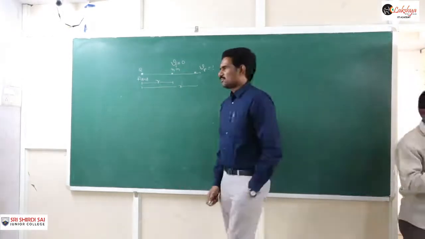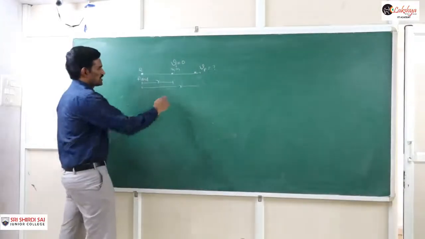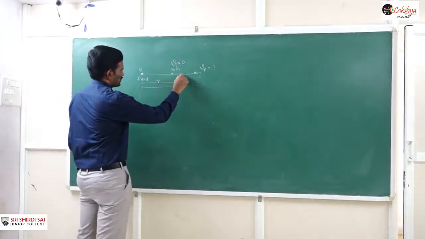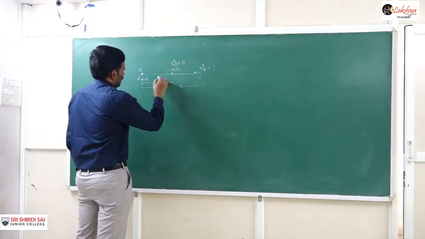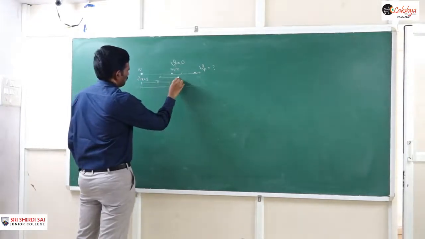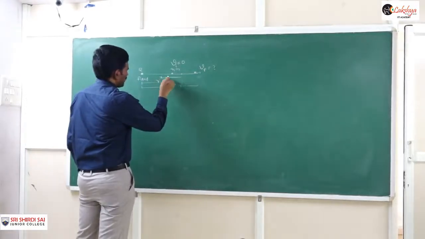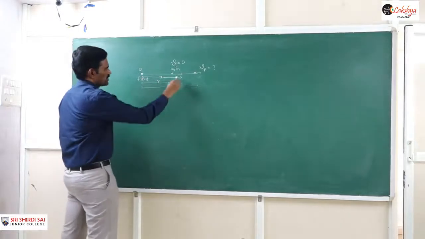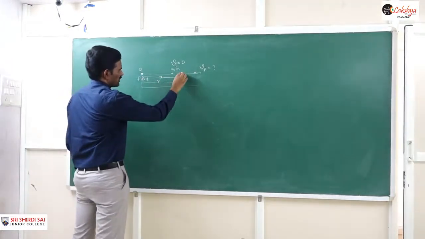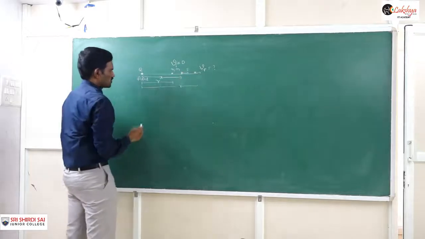For that, you can simply consider the force acting on it when it is at some intermediate distance here. Generally we take that distance as x, so we can finally take that limit as x. When it is here, there will be some force acting on this particle, which is F, a repulsive force.